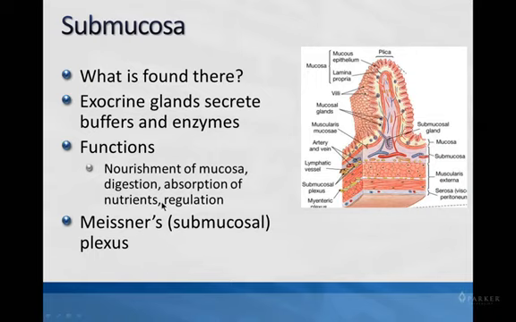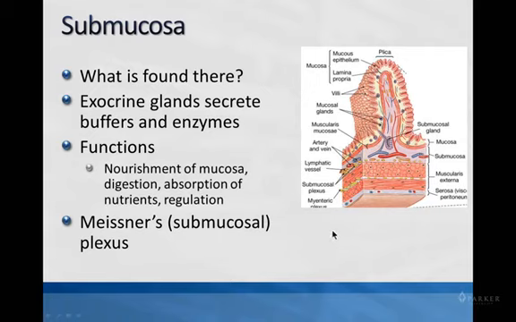There will also be some absorption of nutrients, because once it goes across the mucosa, it's got to go into the blood vessels and be carried away. So it's involved in the absorption of the nutrients and carrying them away. And regulation, the nerves.